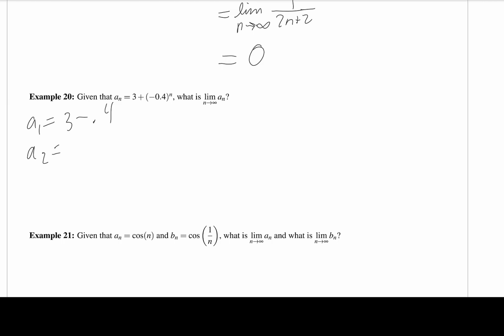A sub 2, we'd have 3 plus 0.16, because that's negative 0.4 squared, and then so on. So it doesn't look like this is actually going to be an alternating sequence, because here, even 3 minus 0.4, that's still a positive number. But here's how I want to look at this. If I was going to take the limit of this sequence, this is what we would get.